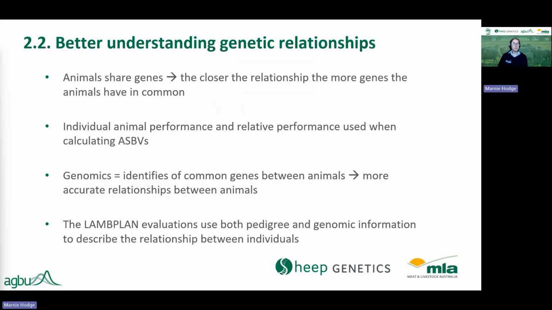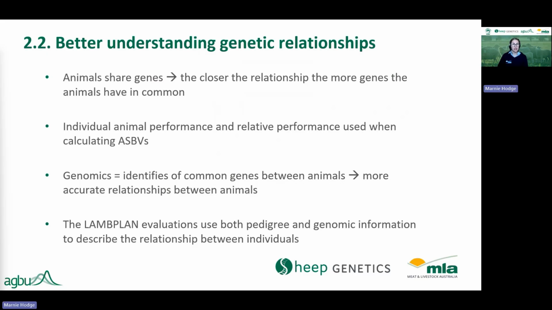There have been quite a lot of updates made to the sheep genetics analyses over time to incorporate the use of genomics in the analysis, or a single step analysis, which essentially means that the breeding values have genomics underpinning them. Very simply put, when we have a genotype in the analysis, that genotype just enables the identification of more common genes between animals.